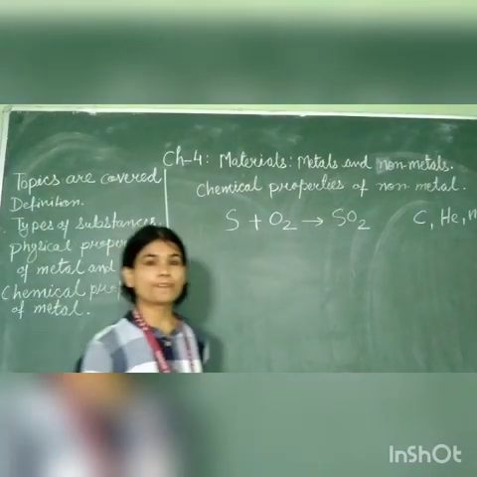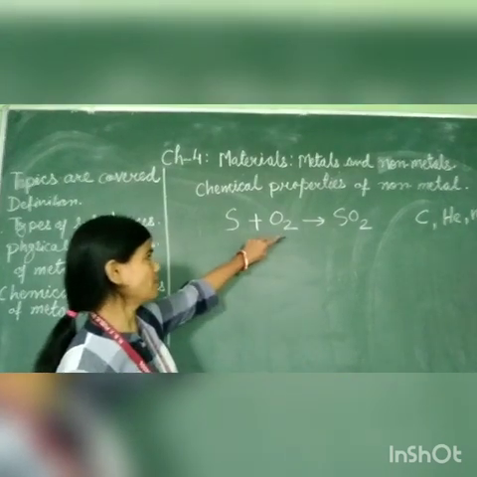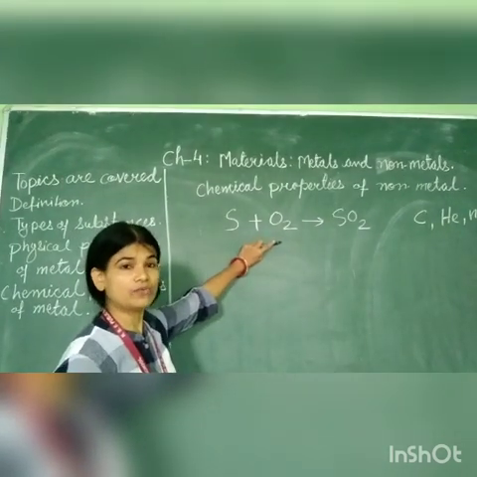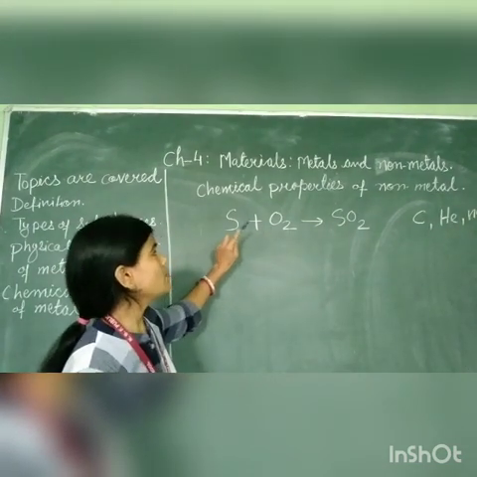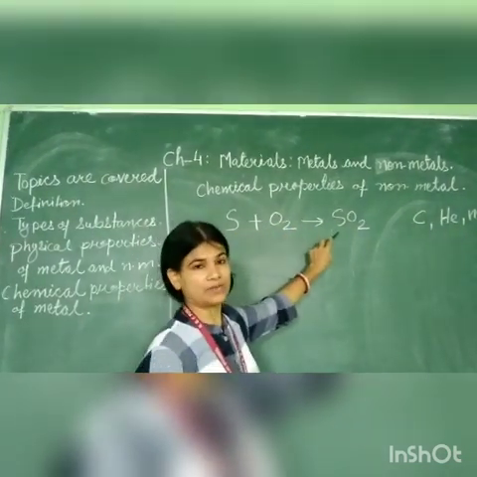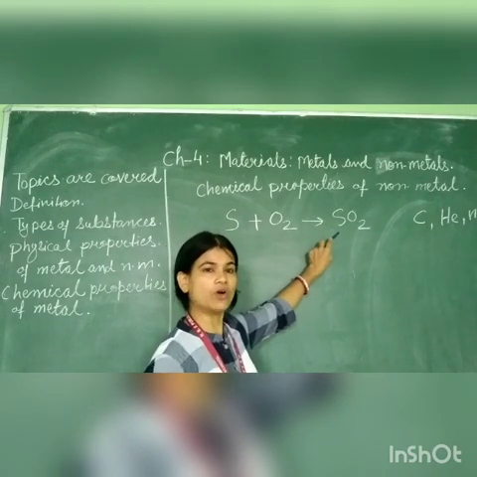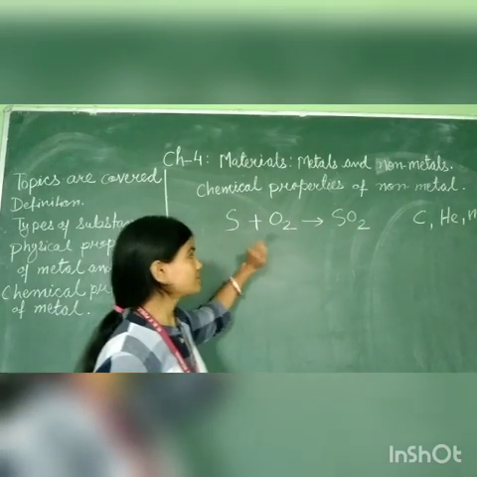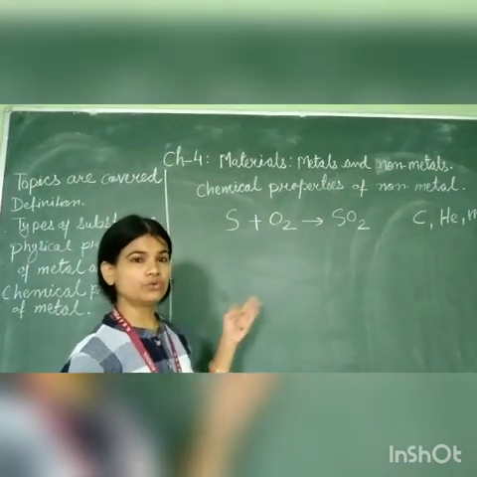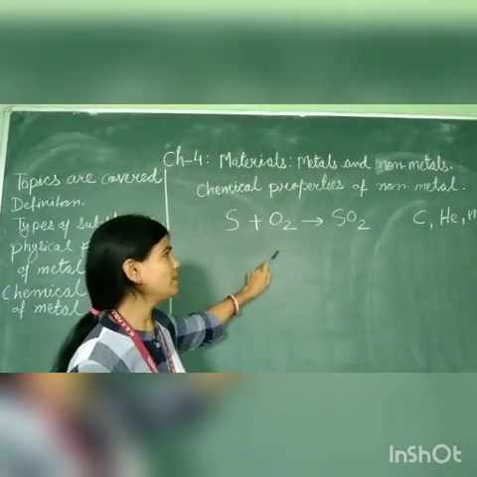Here we must be very alert and aware, because when sulfur reacts with oxygen, it makes a poisonous gas, sulfur dioxide. You are all familiar with this word; sulfur dioxide is a very poisonous gas. So you do not need to do this experiment at home.